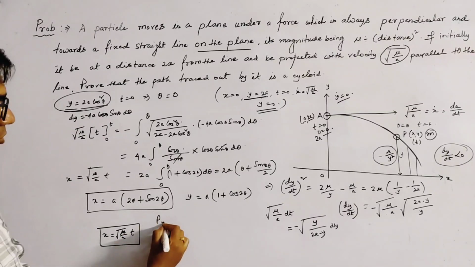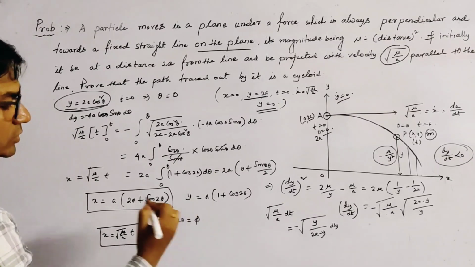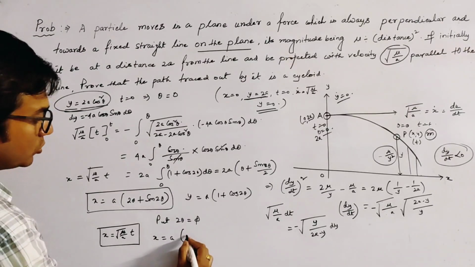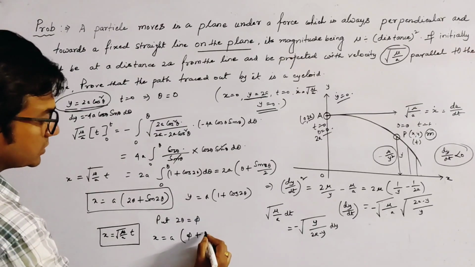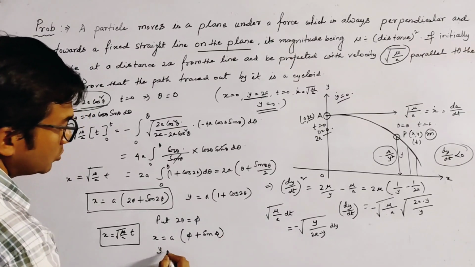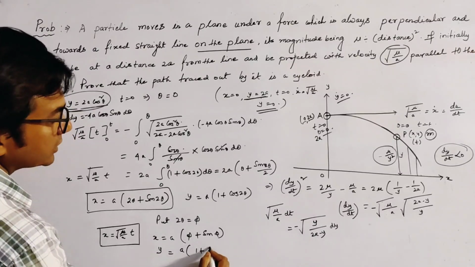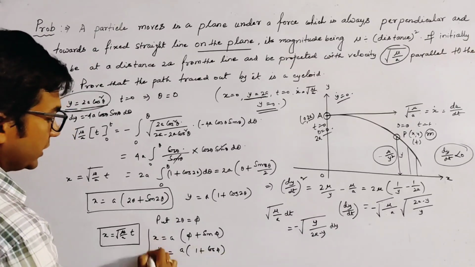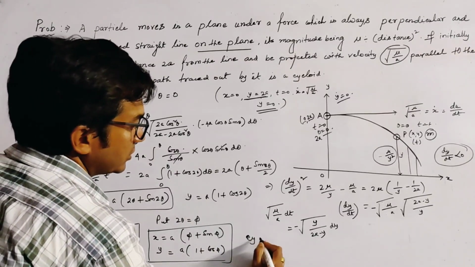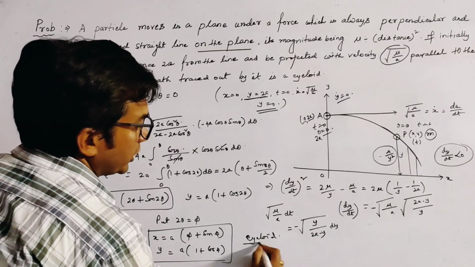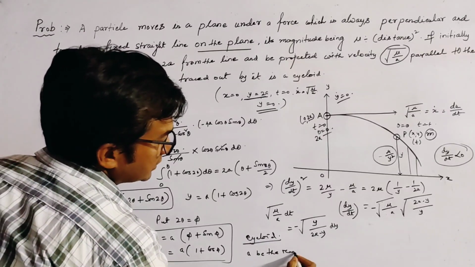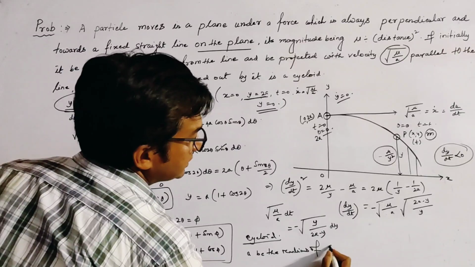Now if we put 2 theta equal to phi, we get x equal to a into (phi plus sin phi), and y equal to a into (1 plus cos phi), and this is the parametric equation of a cycloid, with a being the radius of the generating circle.